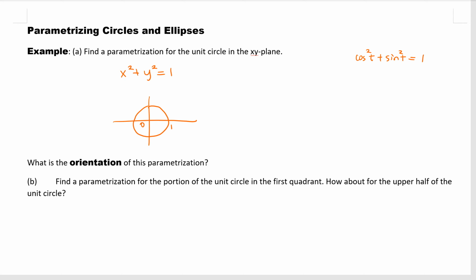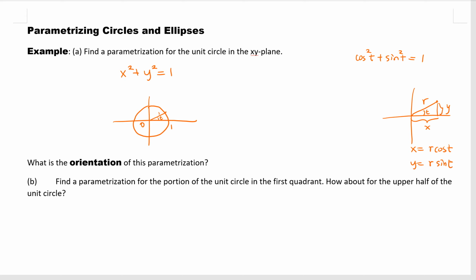Okay, so we can also think about the polar coordinates. This angle is t, and r is 1. Keep in mind the polar coordinates: if this is r, this is t, this is x, this is y, then x equals r cosine t, y equals r sine t.